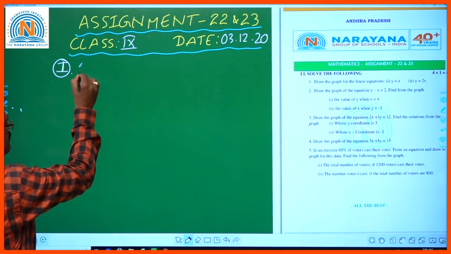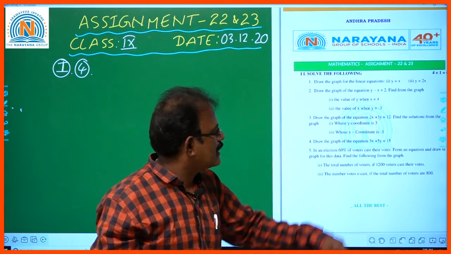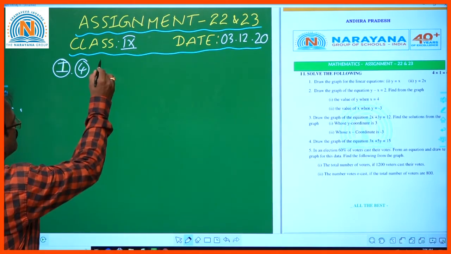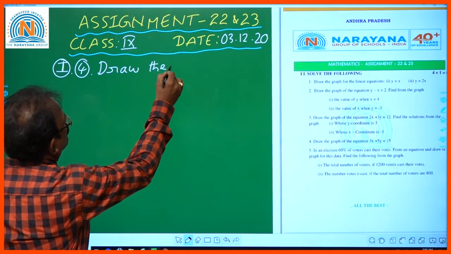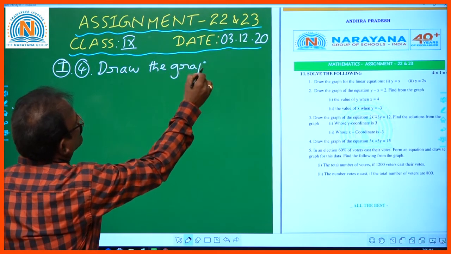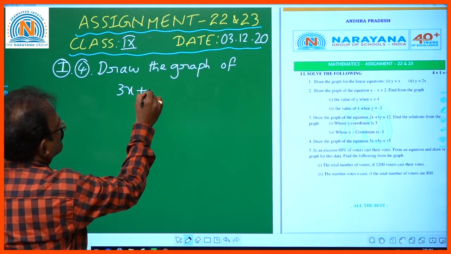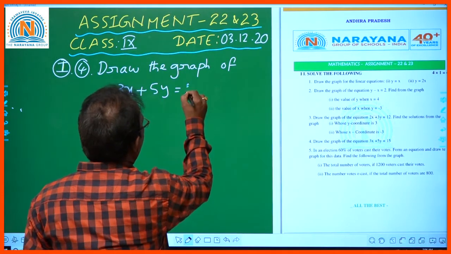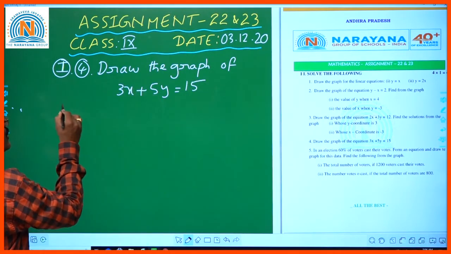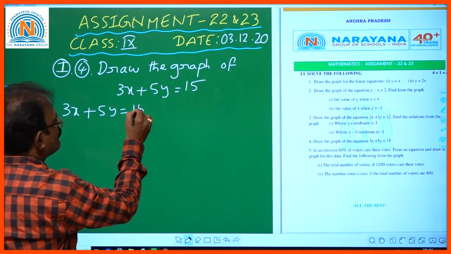So next question, question number 4, draw the graph of 3x plus 5y is equal to 15. Let 3x plus 5y is equal to 15.